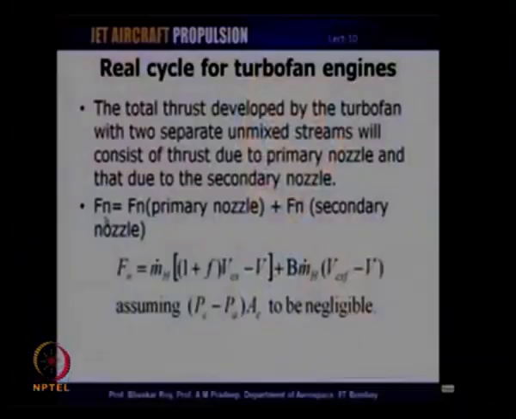So, the total thrust here is F n, equal to F n due to the primary nozzle plus thrust due to the secondary nozzle. So, total thrust will be equal to m dot h, which is the mass flow rate through the core duct, into 1 plus F into V E x, which is the exhaust velocity, minus V, the flight speed, plus the bypass ratio into m dot h, or m dot C, into the exhaust velocity through the bypass nozzle, V E x F, minus V. Here we are assuming that the pressure thrust is negligible.